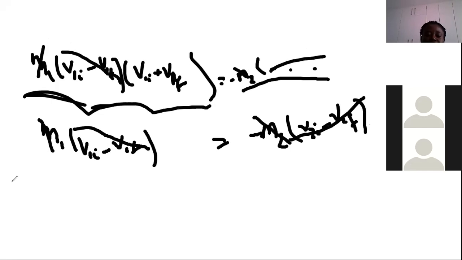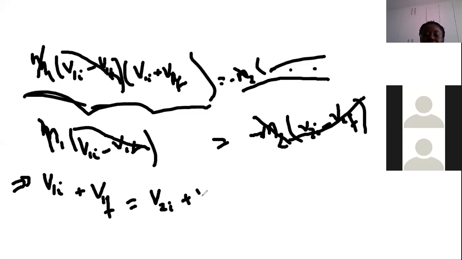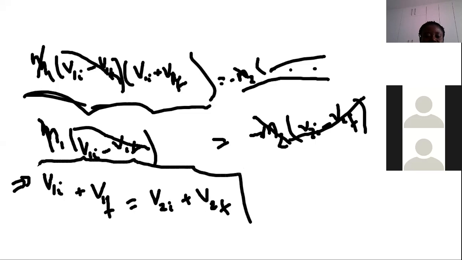So it means we're left with V1 initial plus the V1 final equals to the V2 initial plus the V2 final. Okay, so we have that equation here.